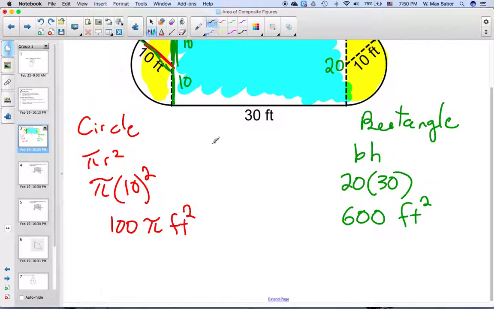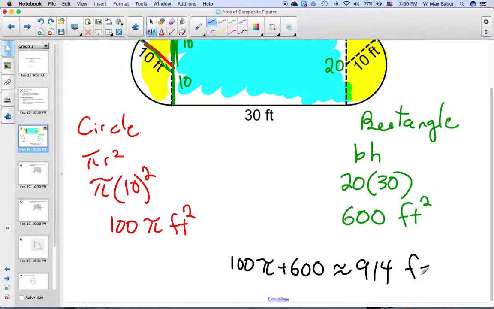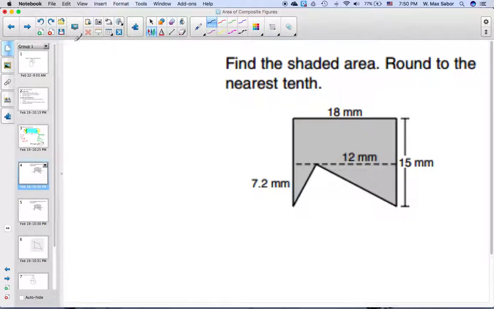If we're rounding, then 100 pi plus 600 is going to be about 914 square feet. So I just found the two areas, added them up.